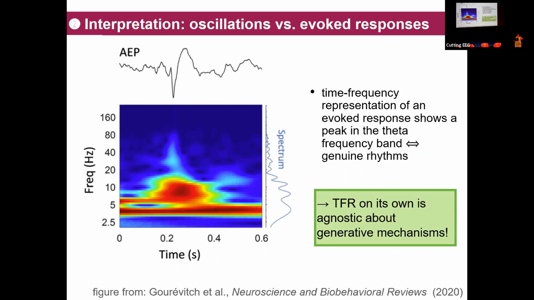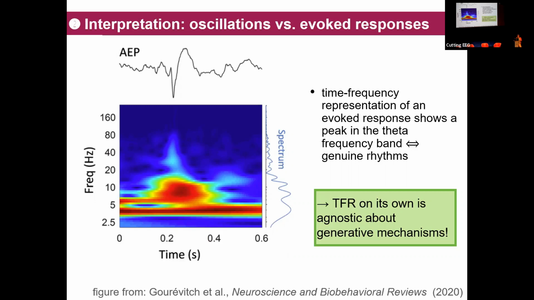So again, this point about interpretation. If a time frequency representation is derived for this evoked response, an auditory evoked response, it will show up a peak in the 10 Hertz range, for instance, because of the dynamics of the ERP.